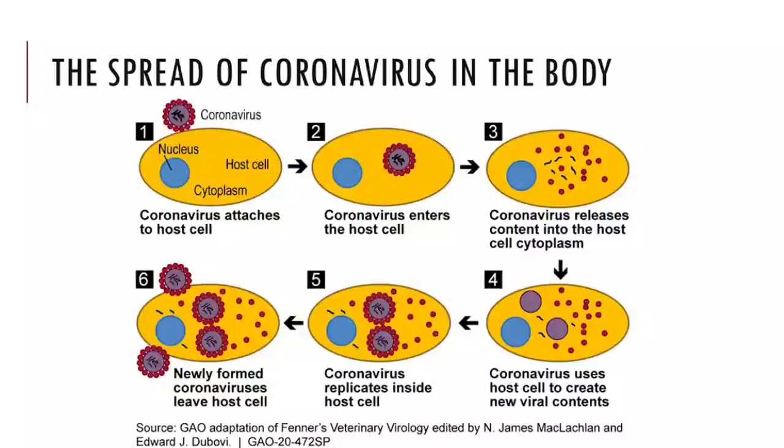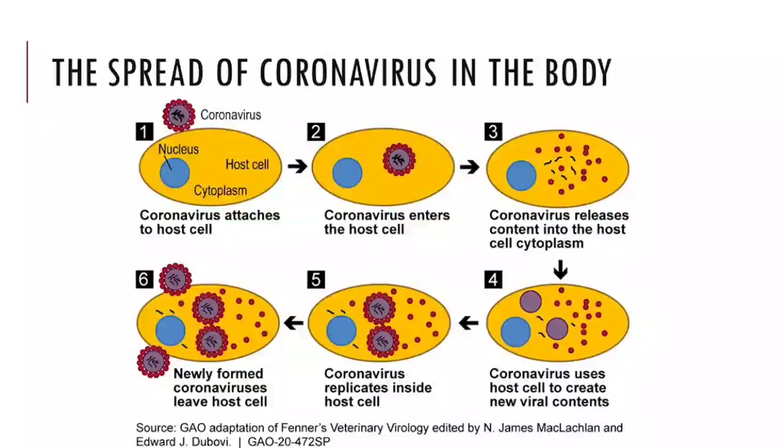And when it enters a host cell, the coronavirus releases its content into the host cell cytoplasm, and the coronavirus uses the host cell to create new viral contents. And the coronavirus replicates inside the host cell. Newly formed coronavirus leaves the host cell.